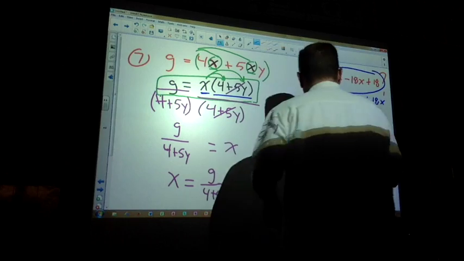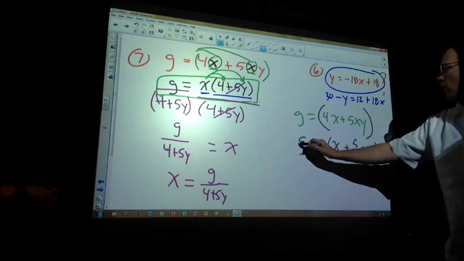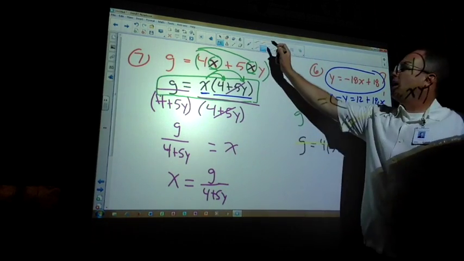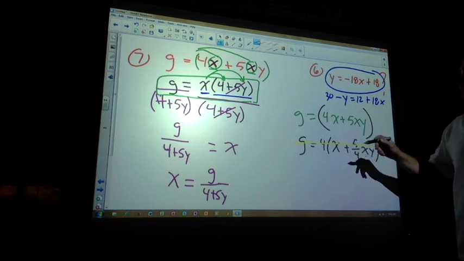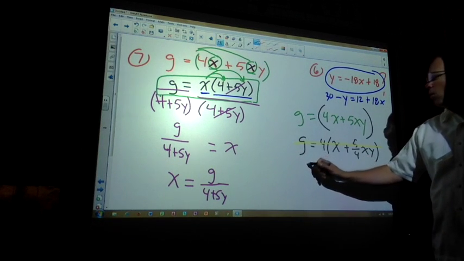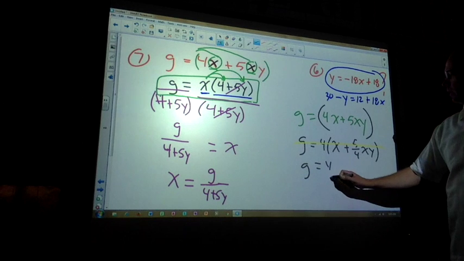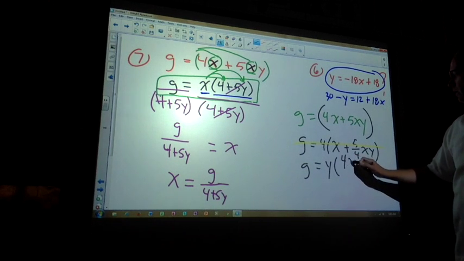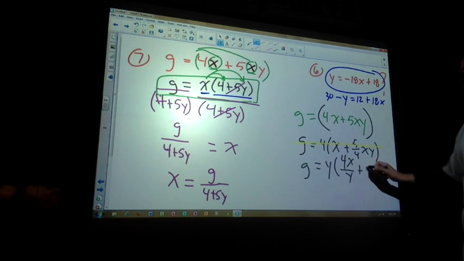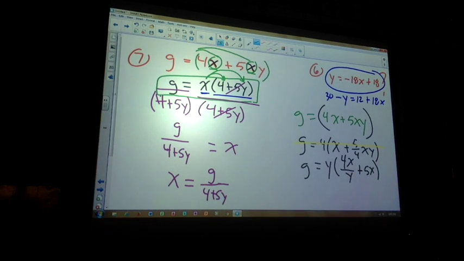So that's not really the right thing to do, but that's a thought. And then other people might say, well, what if I just factor a y out? Why not just do 9x plus y? Well, I'm just showing you these are some things that could take place.